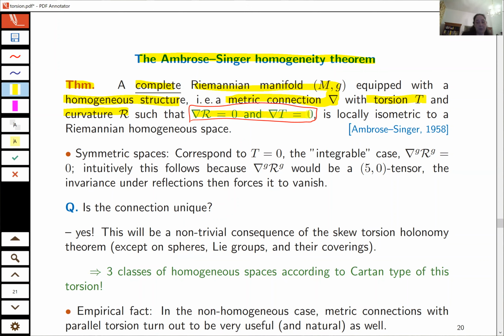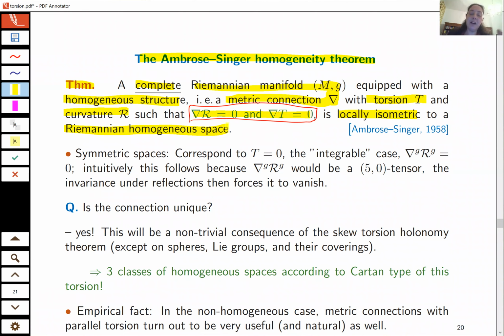Curvature and torsion parallel. And whenever this happens, and also only if, then this is going to be locally isometric to a Riemannian homogeneous space, just in the usual sense. So we can detect a transitive group action by a connection property.